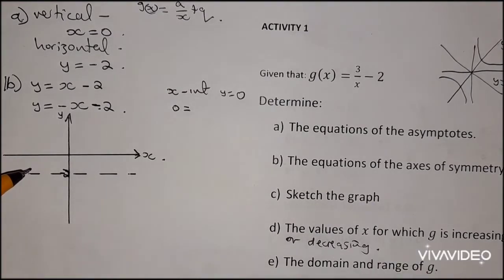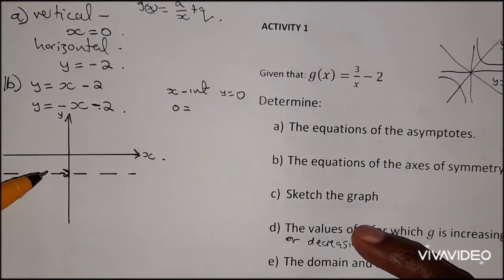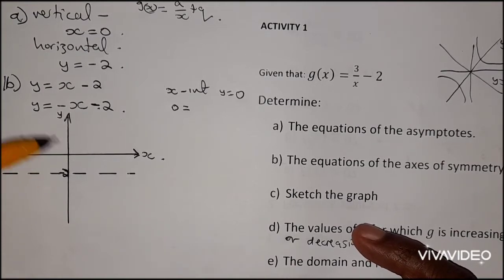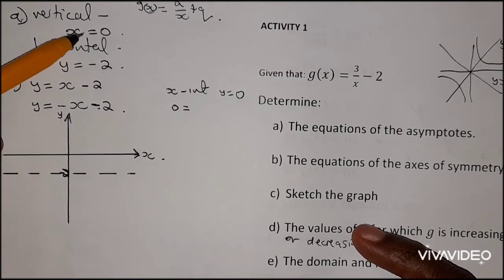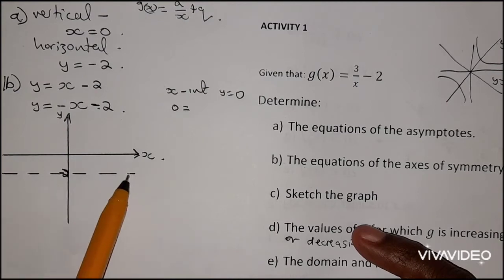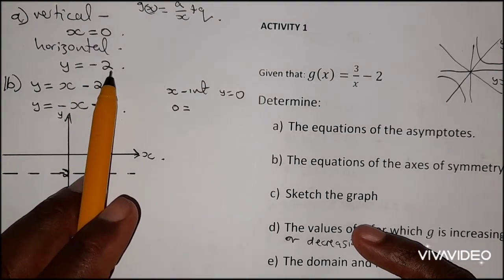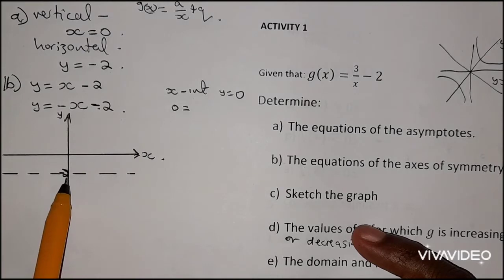Now, for you to be able to sketch this graph, the first thing is to show the asymptotes. We said the first asymptote is the y-axis with the equation x is equal to 0, and the second asymptote is the horizontal one with the equation y is equal to -2. That is, it cuts the y-axis at -2.